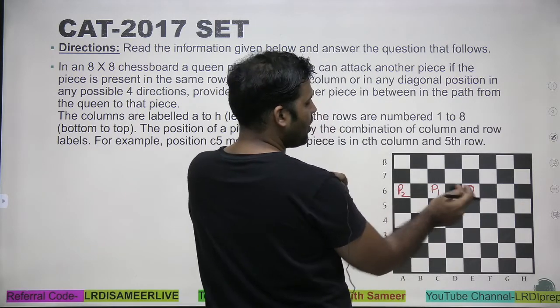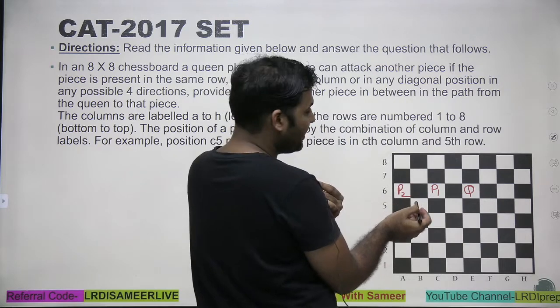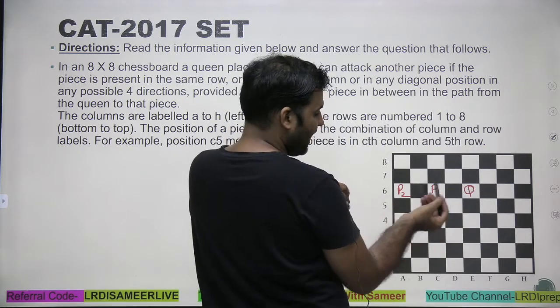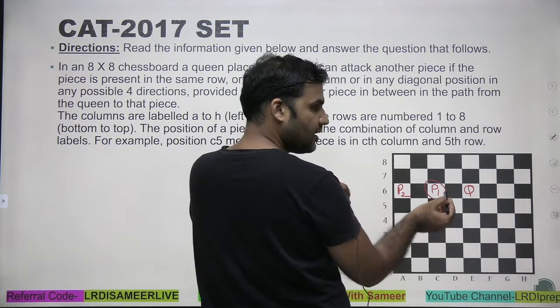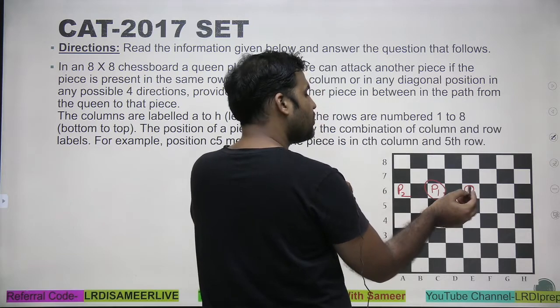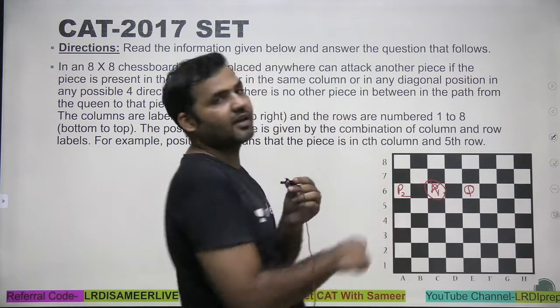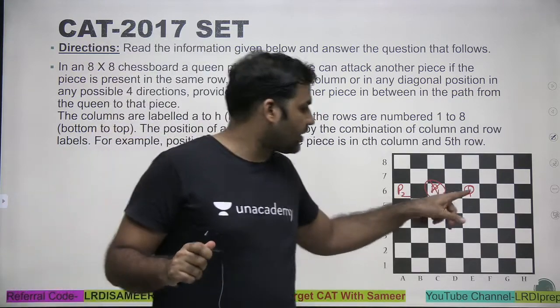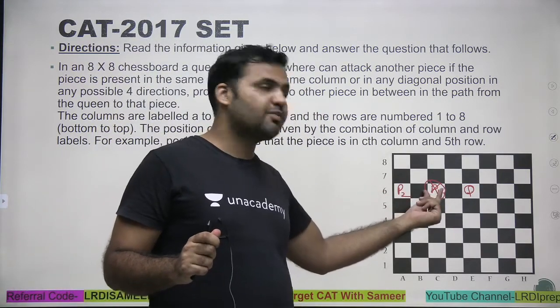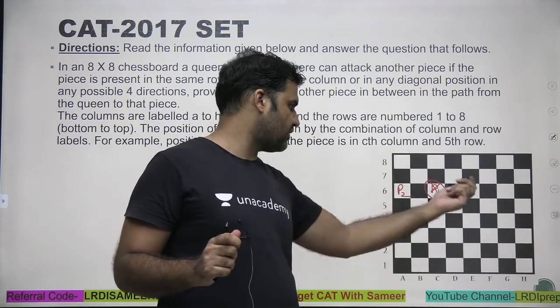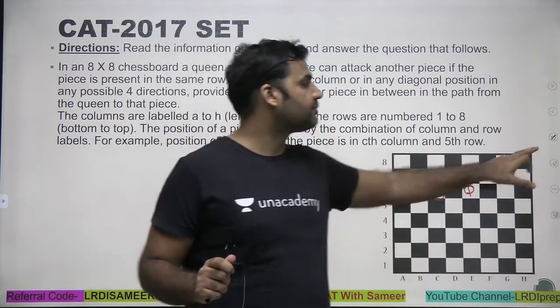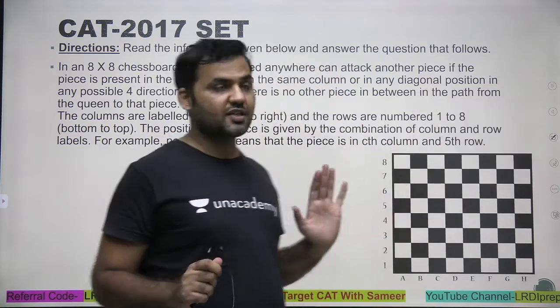If the queen wants to attack piece number 2, it's not possible because between the queen and piece number 2, there's piece 1. So the queen will first attack piece 1, and only after that can the queen attack piece 2. The queen cannot attack piece 2 directly because there's a piece present between the queen and piece 2. This is also the rule of chess.